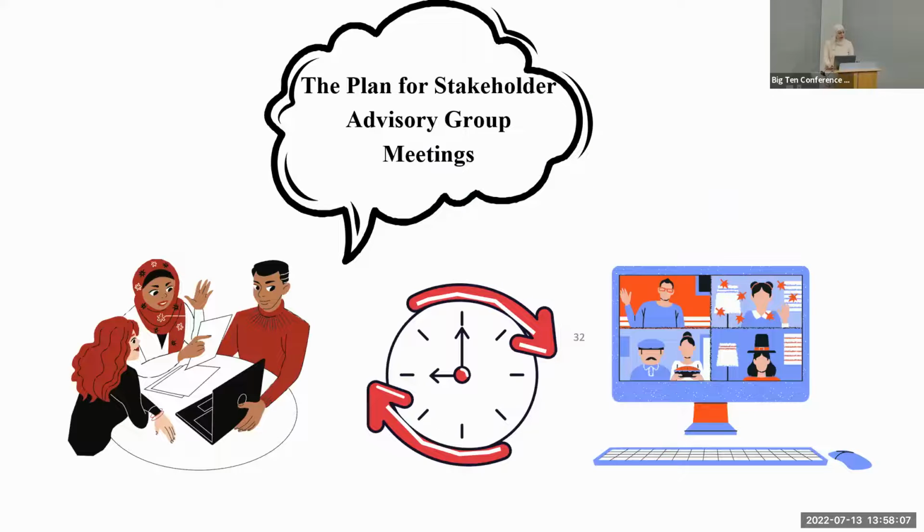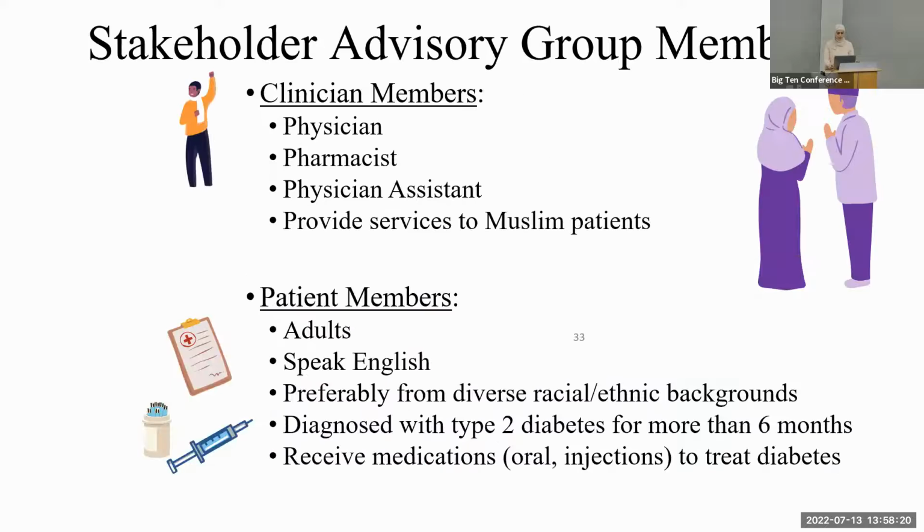The plan for our stakeholder advisory group meetings over a 1-year period is to conduct 3 meetings, each with a different purpose, for 90 minutes and virtually. We planned a mixed group of clinicians and patients. The clinicians included a wide variety, such as pharmacists, physicians, and physician assistants who provide services to Muslim patients.